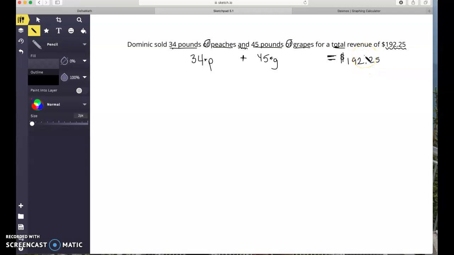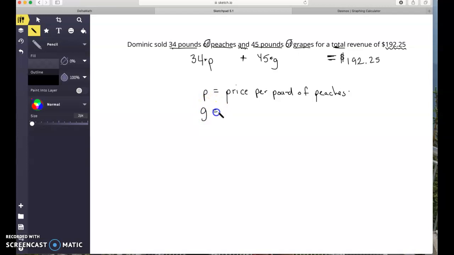So how did we get from pounds of peaches and pounds of grapes to dollars? Well, we have to take how much a pound of peaches costs. So what that P really represents is the price per pound of peaches.